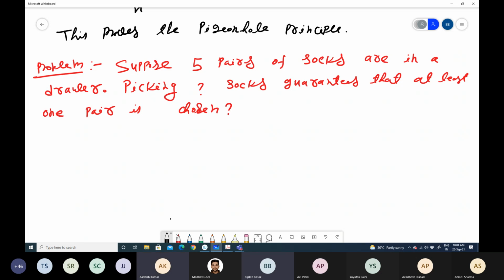So that is the reason you are saying that picking 6 socks guarantees that at least one pair is chosen, right? But when you write a problem, you have to find what the holes are, right?